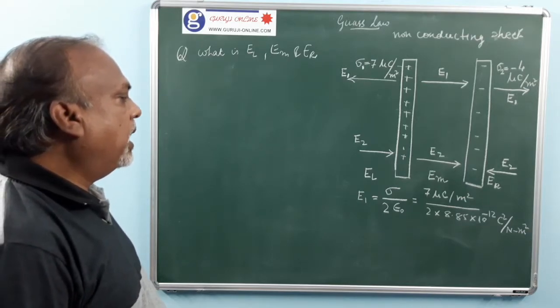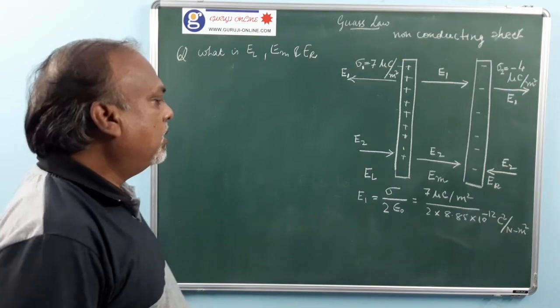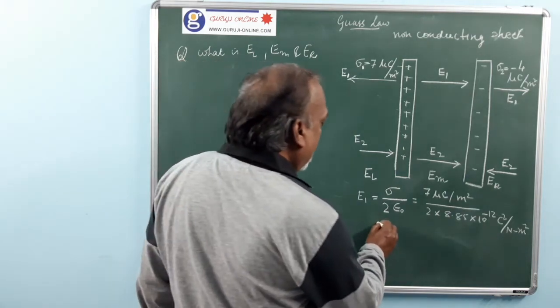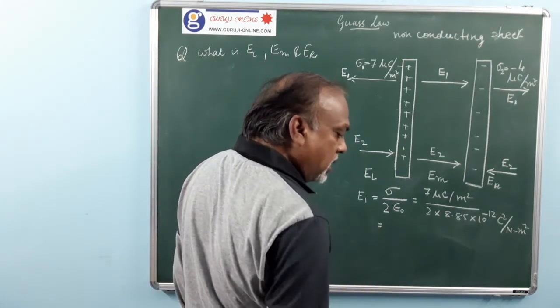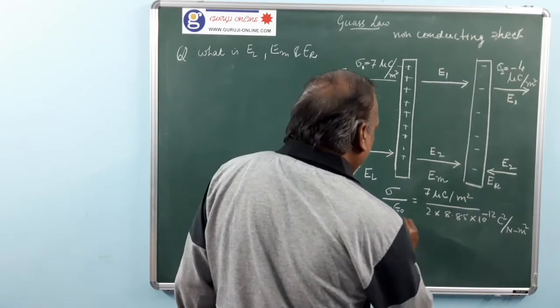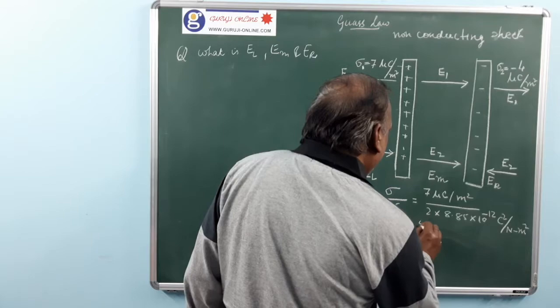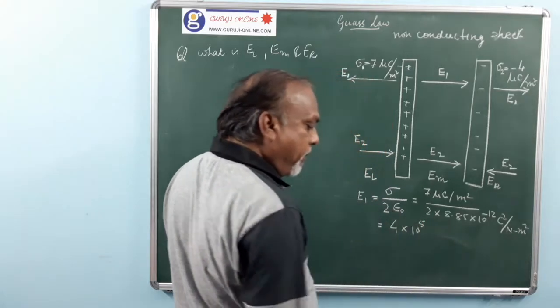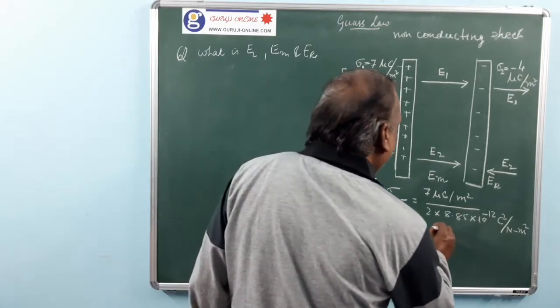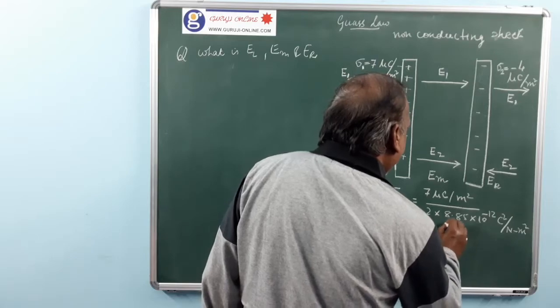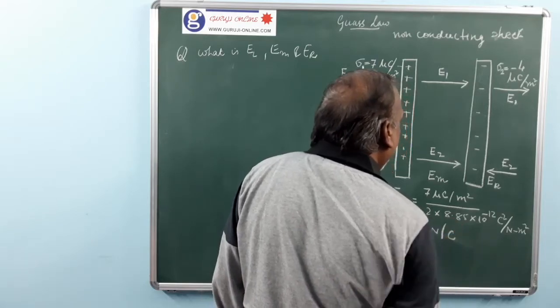So this will be the electric field E1, and this will come as your 4 into 10 raised to 5 newton per coulomb.